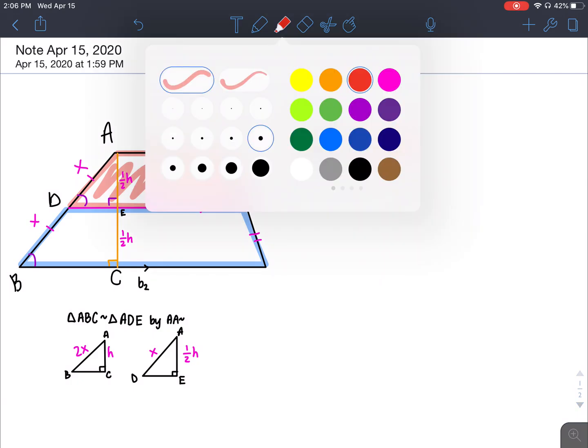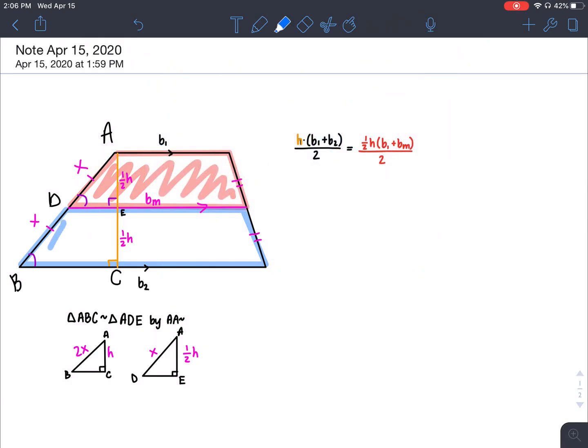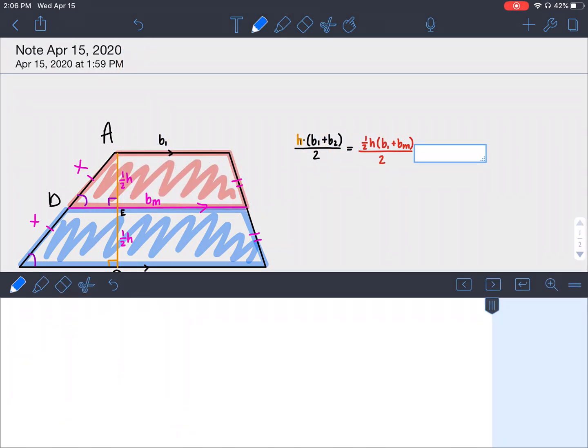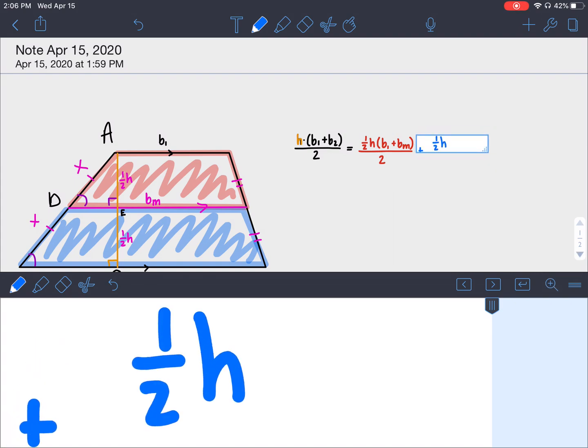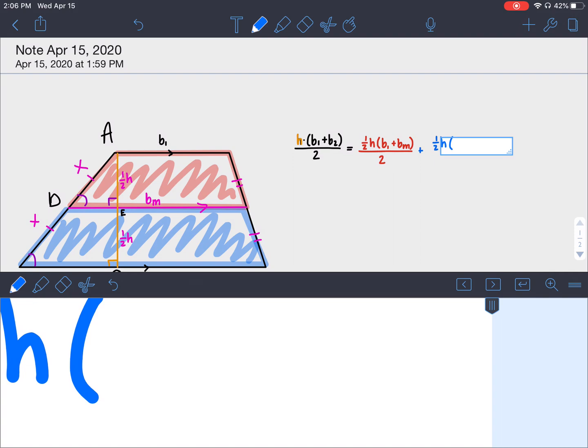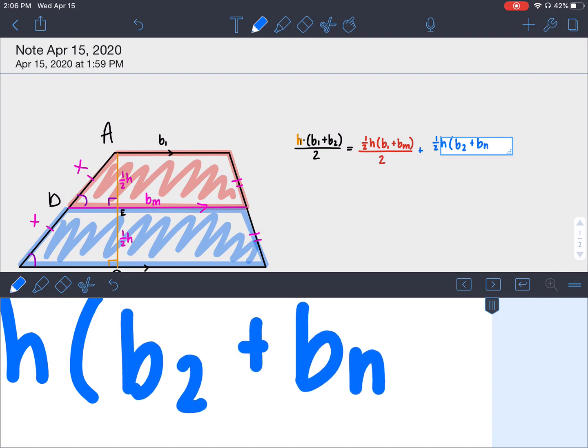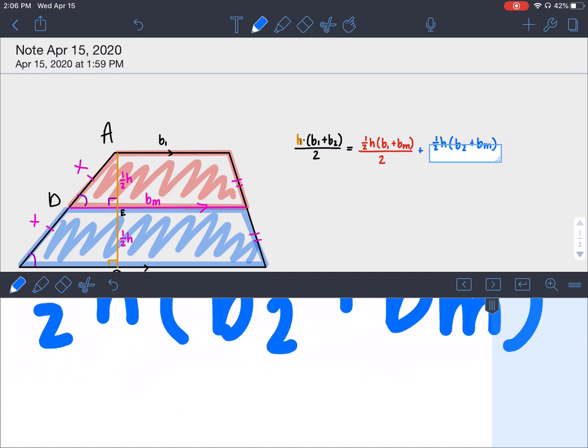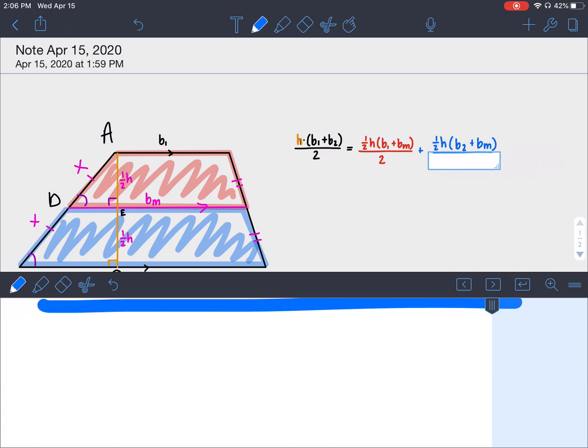And then if I look at the blue trapezoid, I know that that has to also be 1/2 of our height times base 2 plus our base of the median divided by 2.